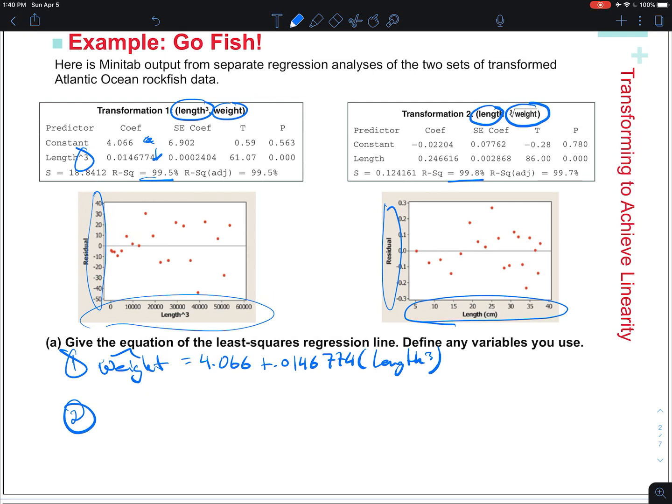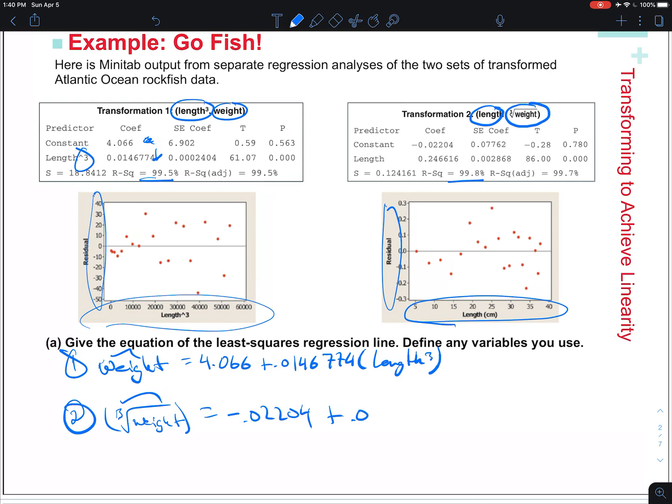Similarly, if I were to use the second transformation over here, this would be the cube root of weight hat equals negative 0.02204 plus 0.4161, and that is length.